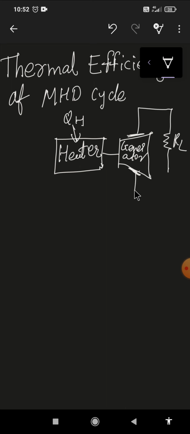Here the electricity is being produced, so we will call this the generator. It is coupled with a load resistance RL, and the power is produced from the generator.